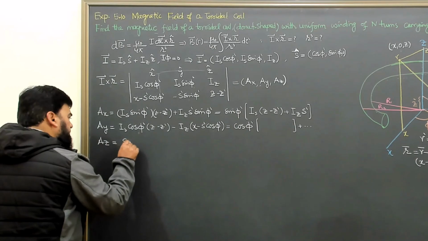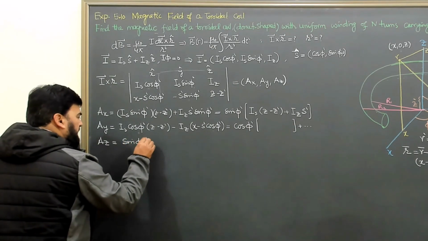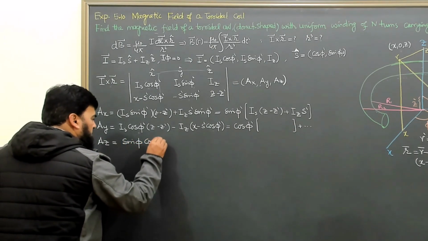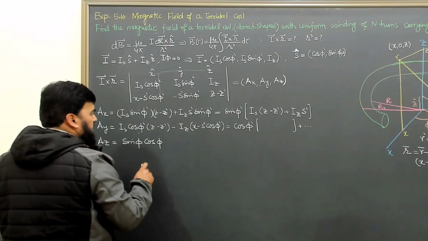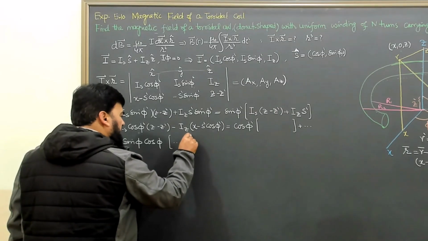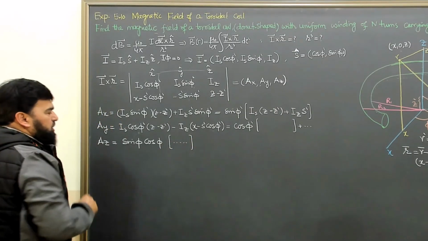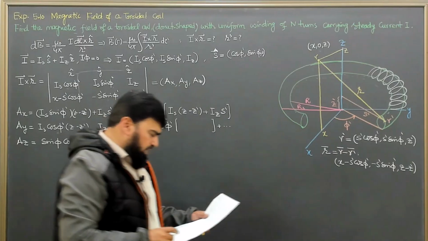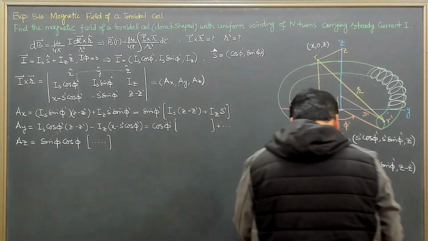So we have the sine phi and cos phi combination here with this, and then some terms will come here. But the combination is sine phi and cos phi with us.